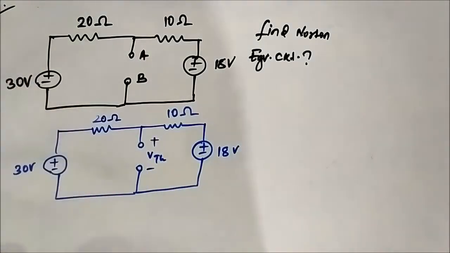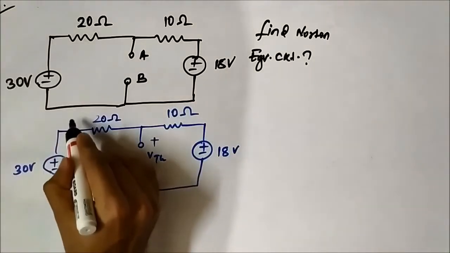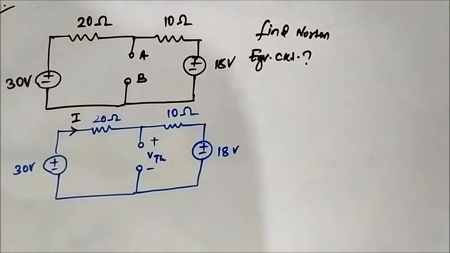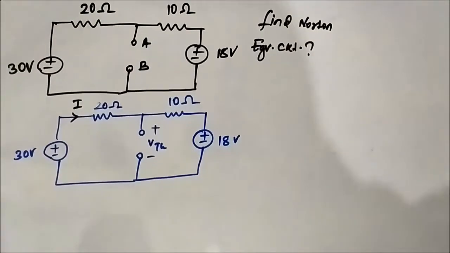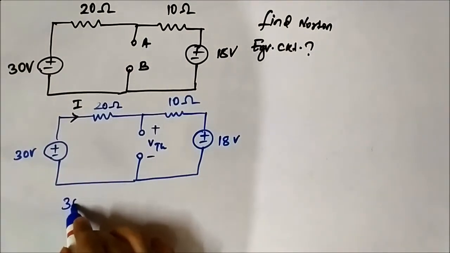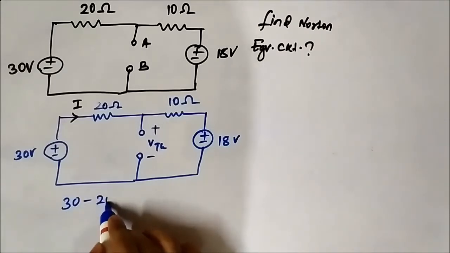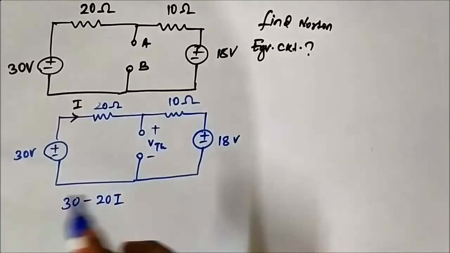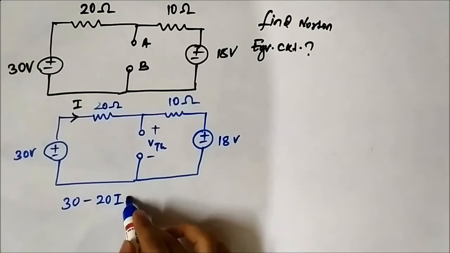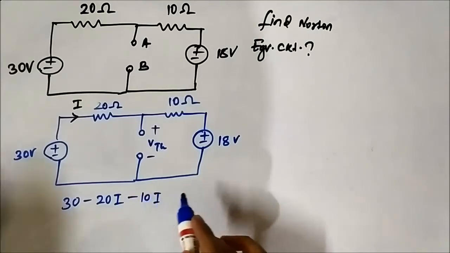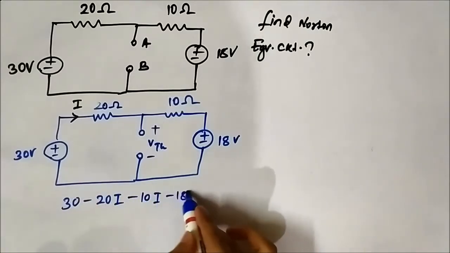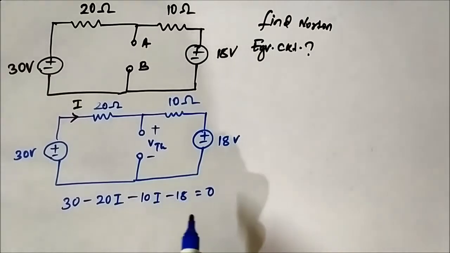Let the circuit current be I. So the circuit current I will be, applying KVL in the whole circuit, 30 minus 20I minus 10I minus 18 is equal to 0.